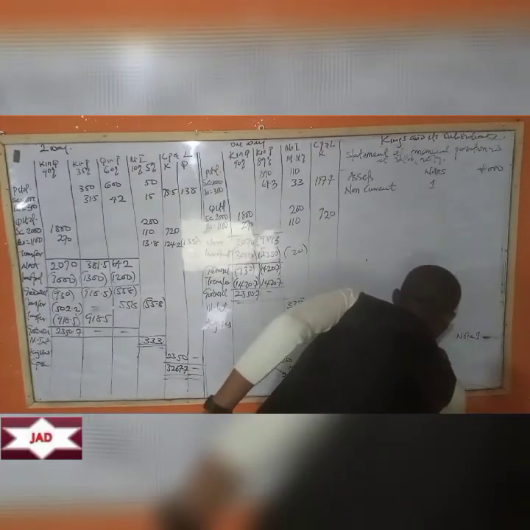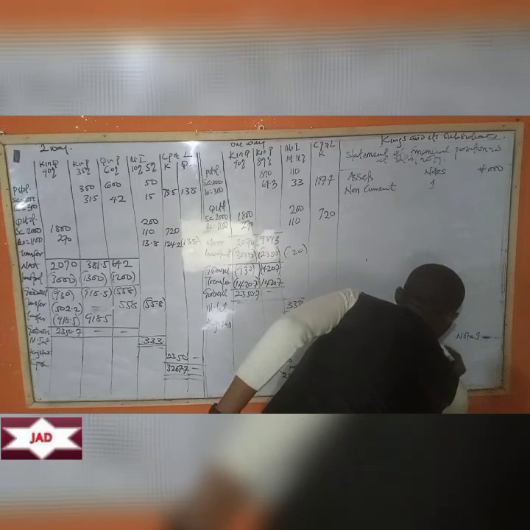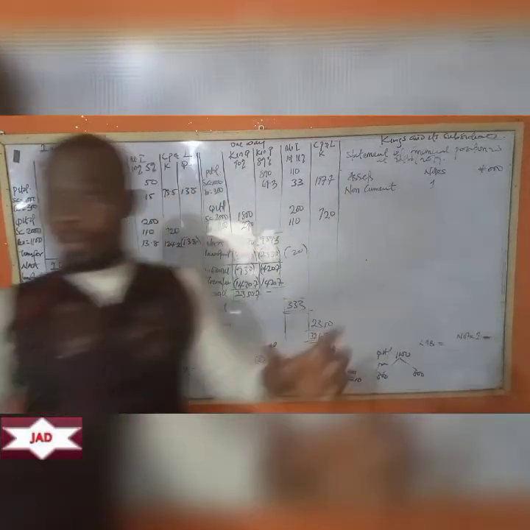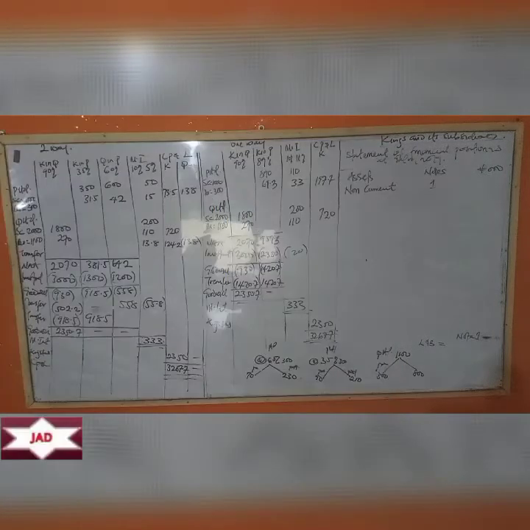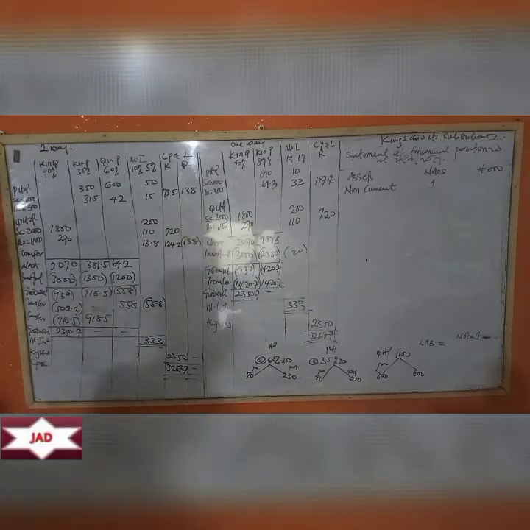When you add up for the 3 companies, you have 800, 850, 320. Add up, what do you have? 800 plus 850 plus 320. 1970.